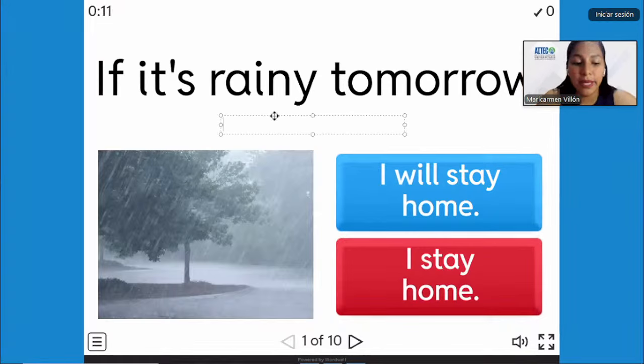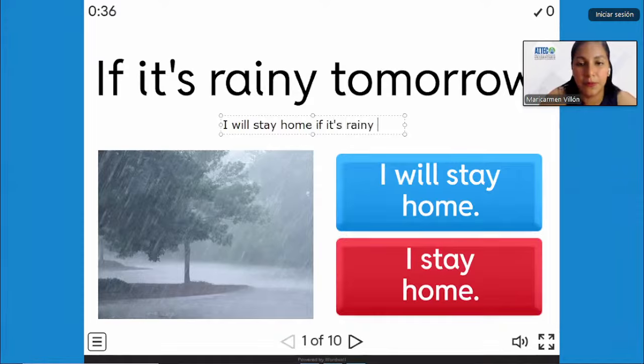Que no siempre el resultado puede estar en segundo orden. Quizás lo puedo ubicar primero también, pero la diferencia es que no va a estar separada por una coma. Entonces, ¿cómo quedaría? I will stay home if it's rainy tomorrow. ¿Ok?